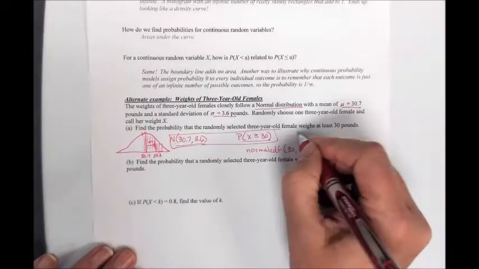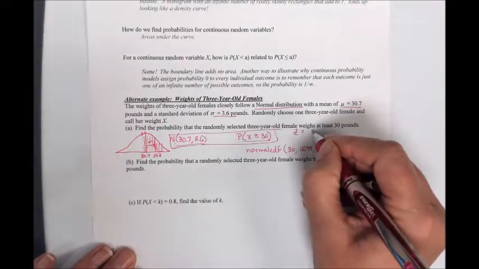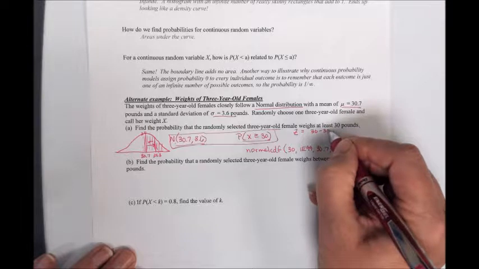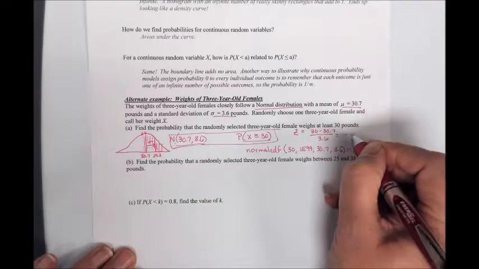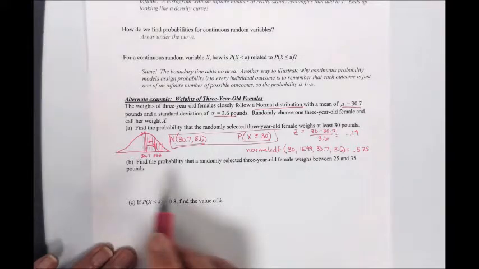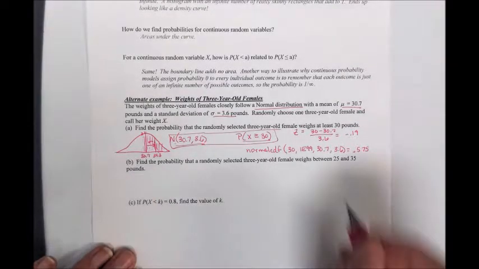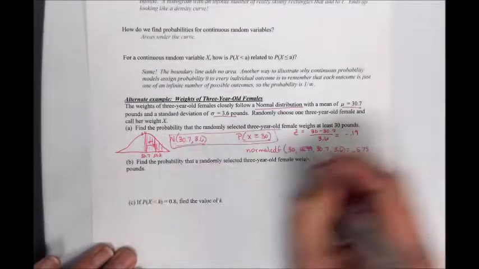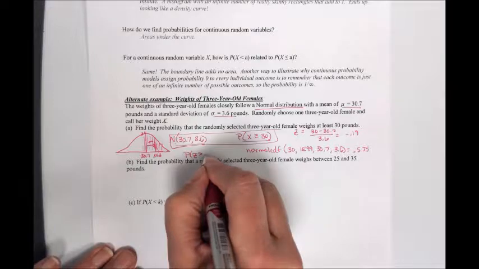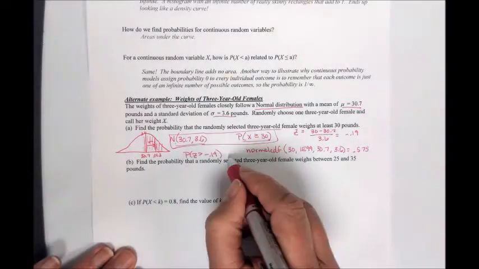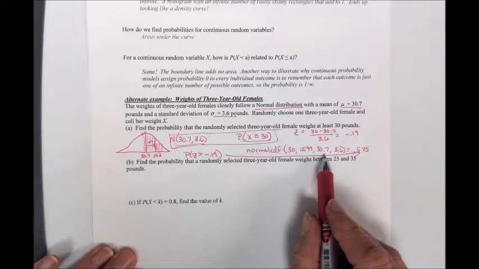Now you could have also found the z-score. If you had done the z-score, you would have done 30 minus 30.7 divided by 3.6 and gotten a z-score of negative 0.19. And I expected it to be negative because 30 is to the left of the mean. I also could have done what's the probability that z is greater than negative 0.19, and I would have gotten the same outcome, except I would have had 0 and 1 there.